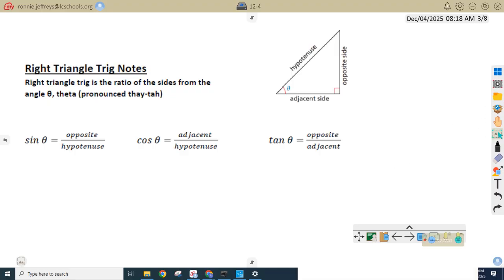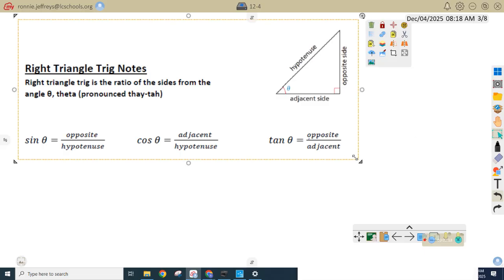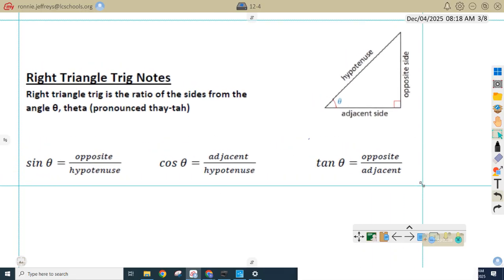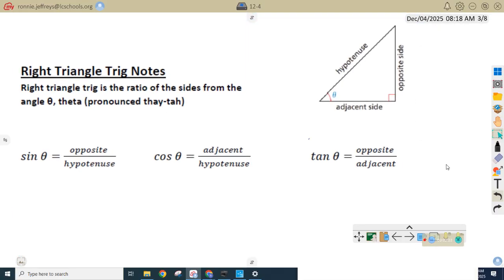Now, today we are looking at right triangle trig. Right triangle trig can be difficult if you let it, if you try to overthink what it's asking.